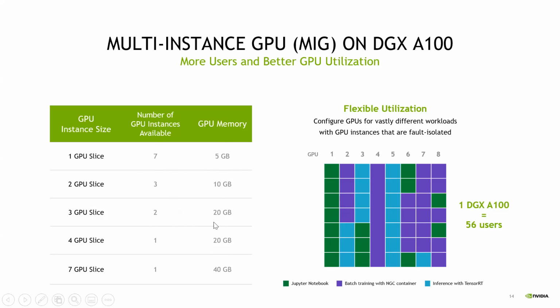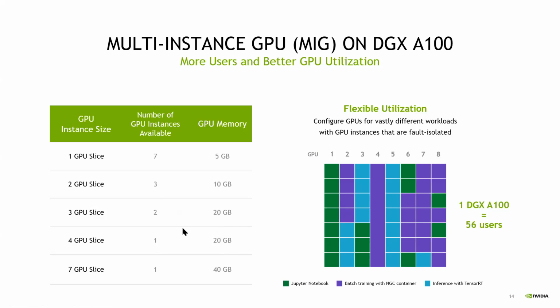SMs are streaming multiprocessors, and streaming multiprocessors are analogous to, let's say, your CPU cores. So over here in this one, you get a smaller number of cores, so you are able to design two 20 GBs. But over here you get more cores, so you are only able to design one.